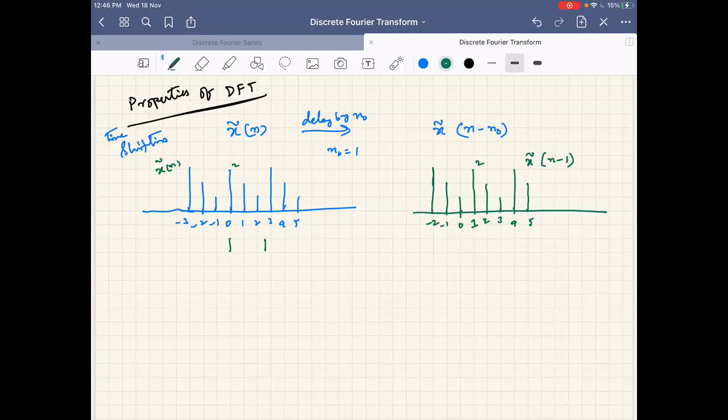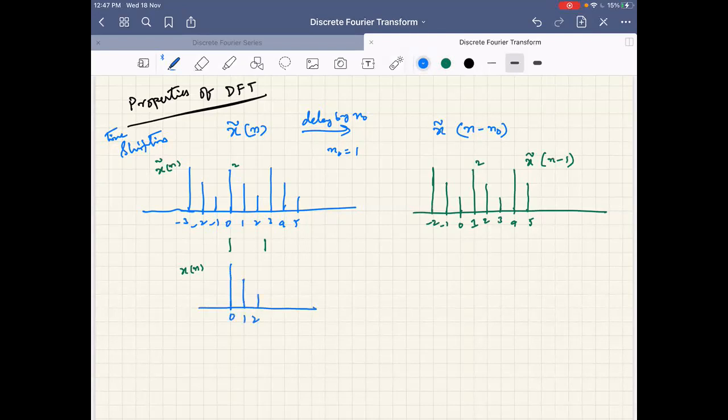Within this one period, if I sketch, what I have will be x of n, which is simply 3, 2, 1, 0, 1, 2.